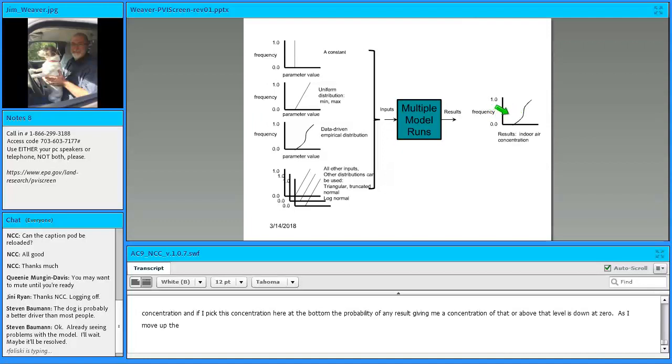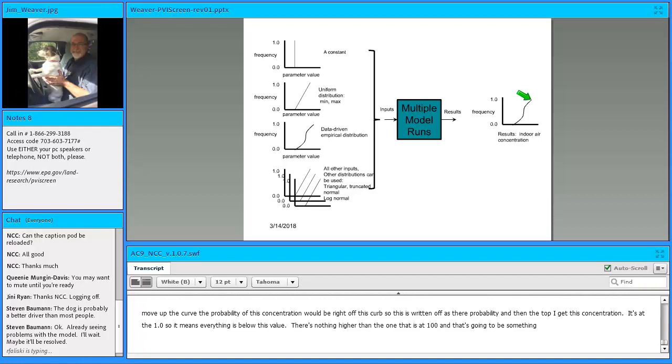So a concentration of anything up to this level is written off as this probability. And then at the top, I get this concentration, it's at the 1.0, so it means everything is below this value. There's nothing higher than the one that's at 100. And that's going to be something we're going to look for. What is the concentration that every simulation came out below?